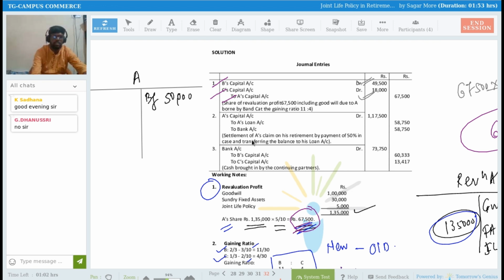Okay. So we passed one journal entry in which we credited A's capital with 67,500. So this much amount we have to settle towards the retiring partner A, along with his capital balance of 50,000 rupees. So can you give me the total of 67,500 plus 50,000?